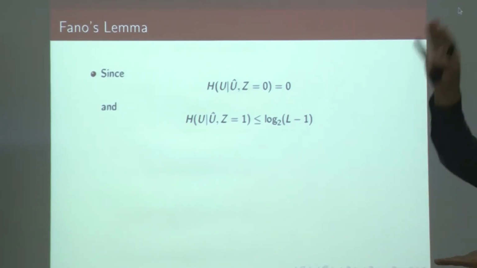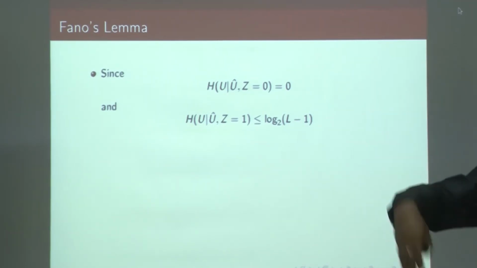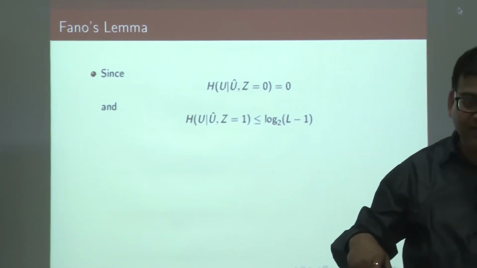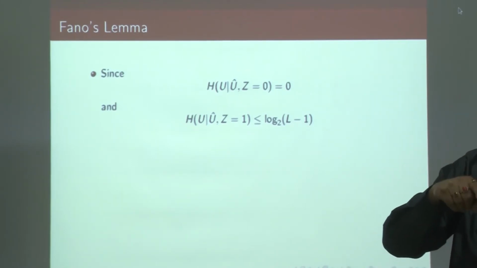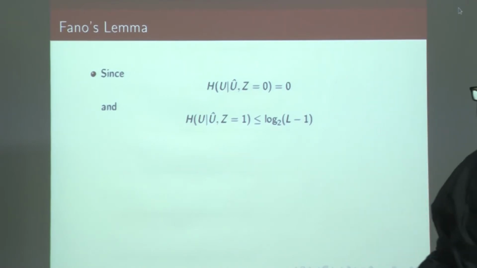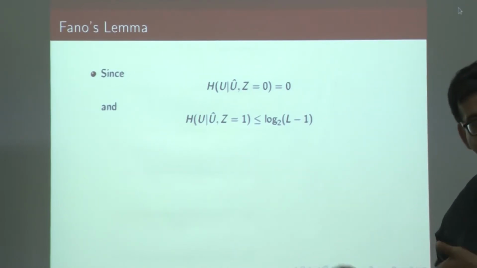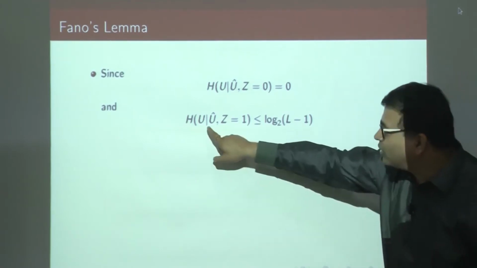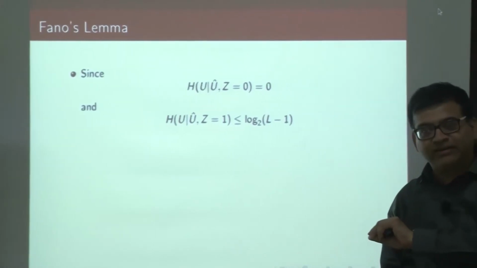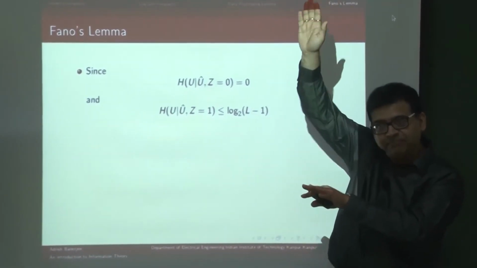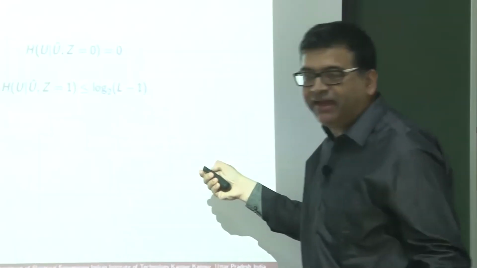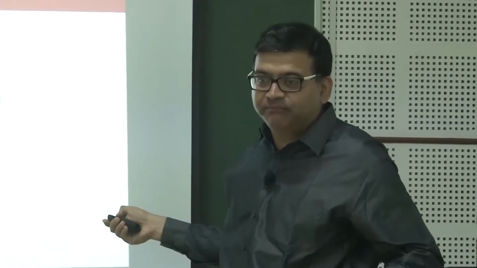So, U could be any of the remaining L minus 1 values, and we have proved a result that if X is a random variable which takes L different values, then maximum entropy is log of L. So, here my U can take L minus 1 values, because I know there is an error. So, it is not U hat. So, it can take any of the remaining L minus 1 values, right. So, this is then upper bounded by log of L minus 1.